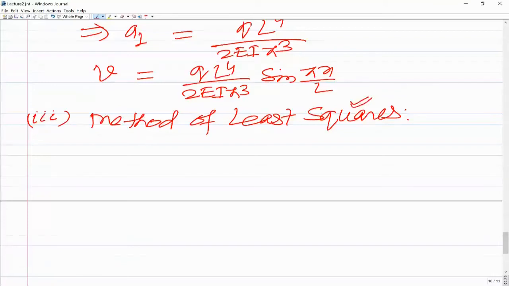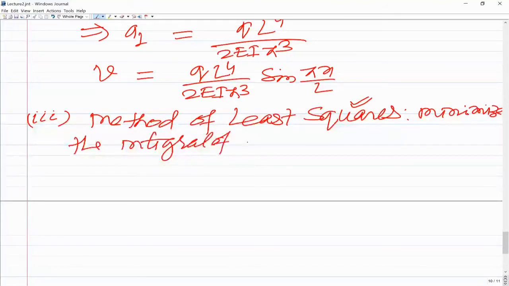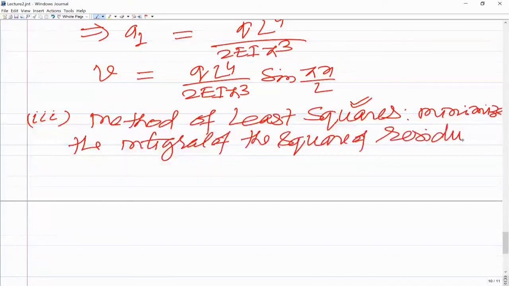So in this case we are doing a minimization: we minimize the integral of the square of the residual. That is what we do.